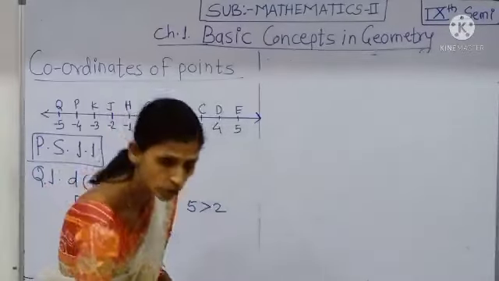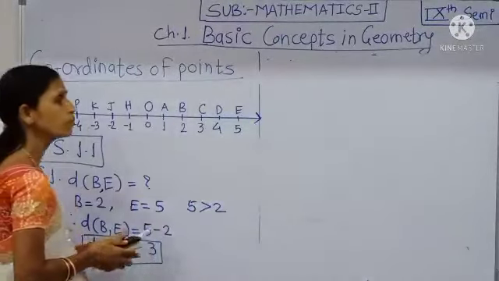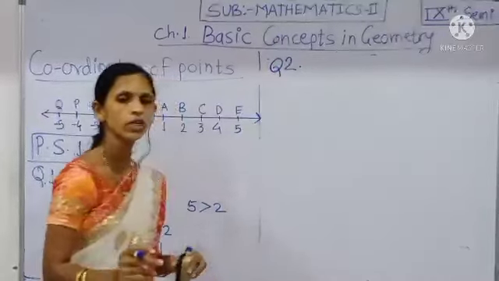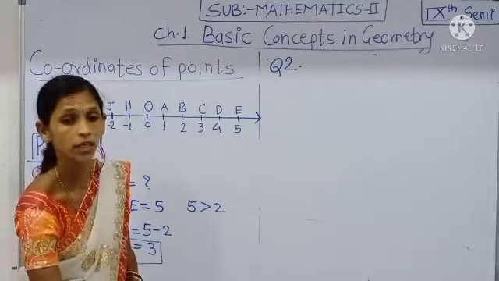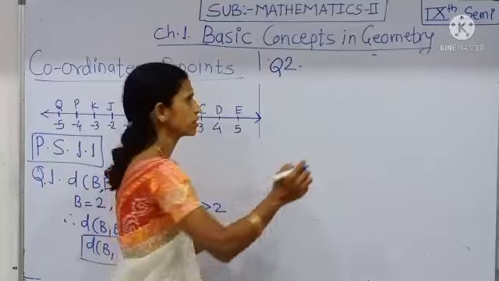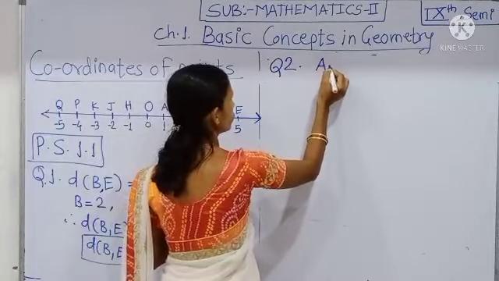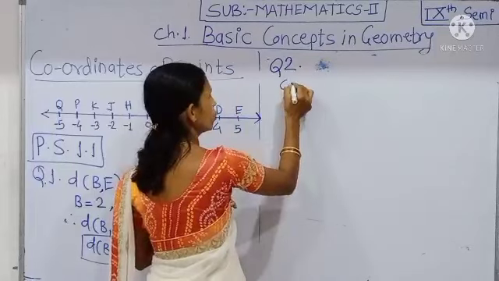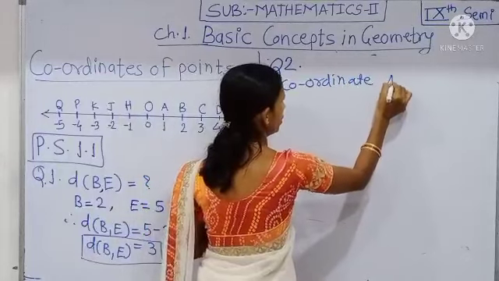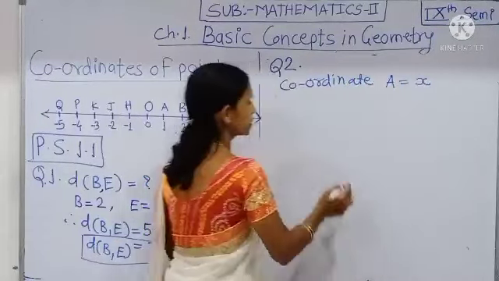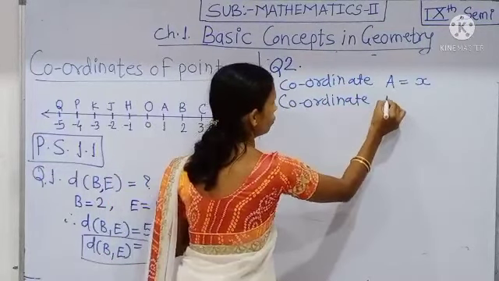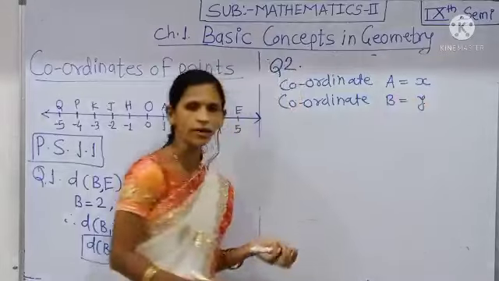Then I am going to solve the example given in question number 2. See here, the coordinate of A is given as x, and the coordinate of B is y.